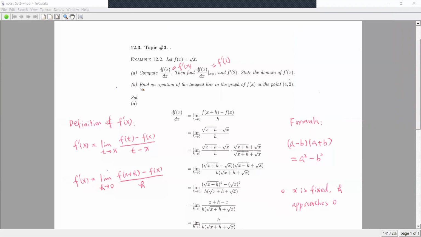Part B. Find an equation of the tangent line to the graph of the function f at this point. To find an equation, we need to determine the slope of the tangent line. The slope of the tangent line is the derivative of this function at point 4.